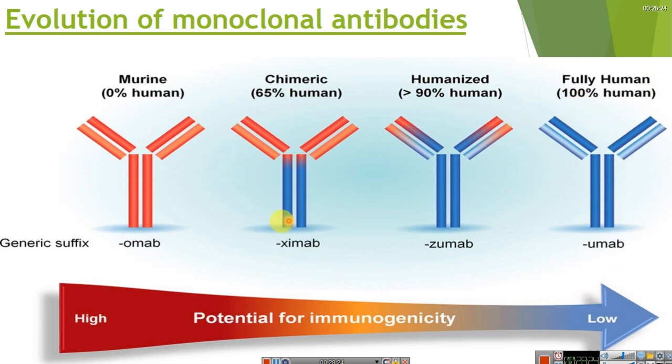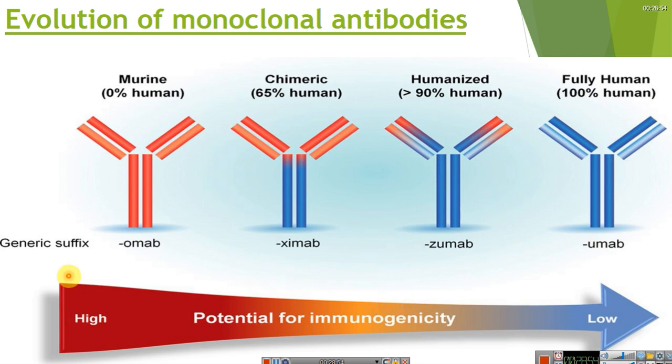Now, why are we interested in generating fully human monoclonal antibodies? Because for therapeutic purposes, when we use murine origin or chimeric monoclonal antibodies, there is higher immunogenicity against these two types of molecules, while completely human antibodies cause no or very low immune reaction.